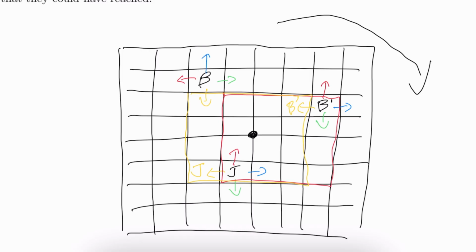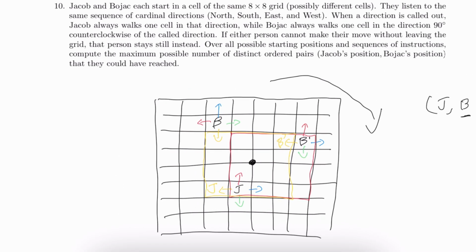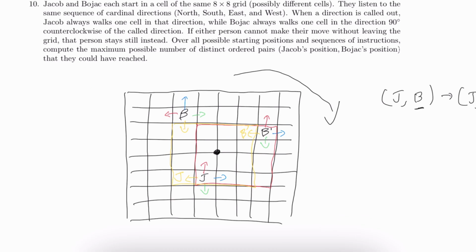Given any two positions now, we can just think of it as the box surrounding them, and then each direction just moves the box somewhere in the grid.